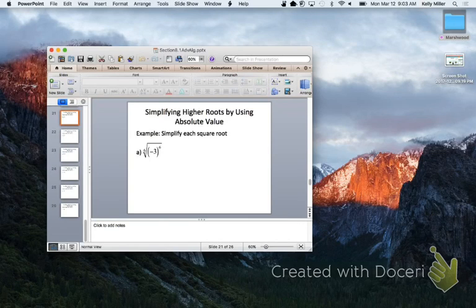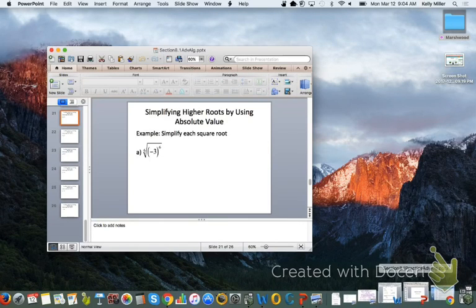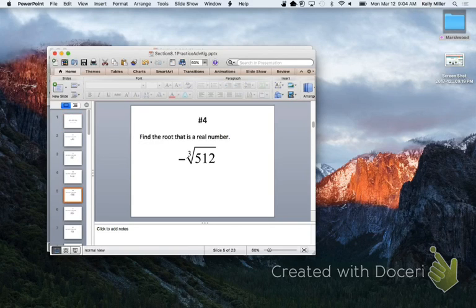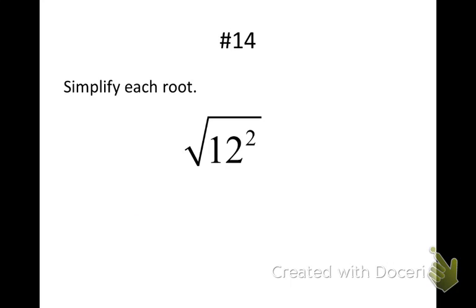Really quickly, before I send you off on your way, I want to try some of these out. We're going to skip the easy ones. Either just say it out loud. What do we think? Square root of 12 to the 2nd would be just a good old 12.